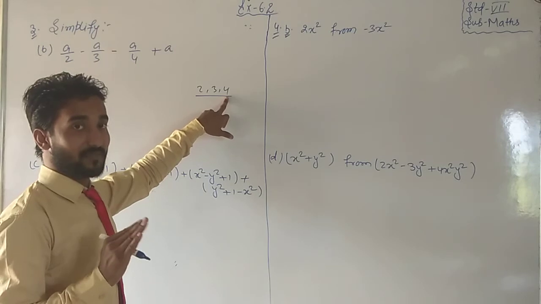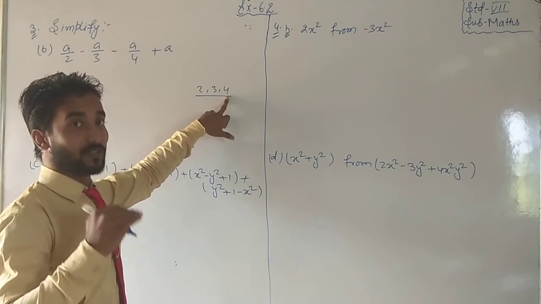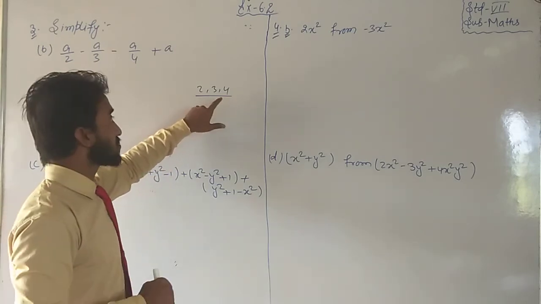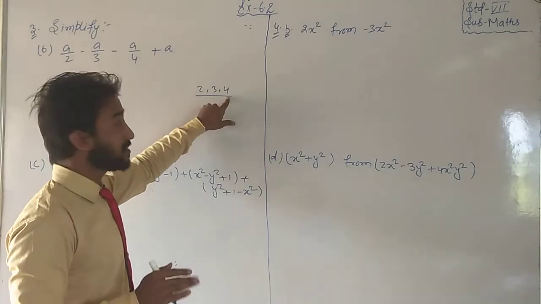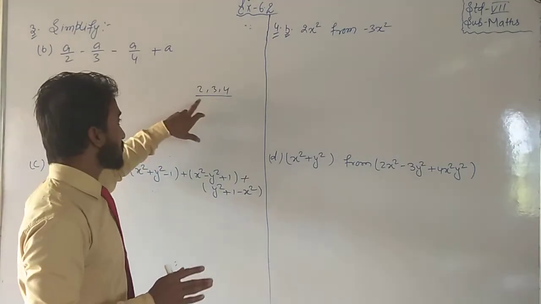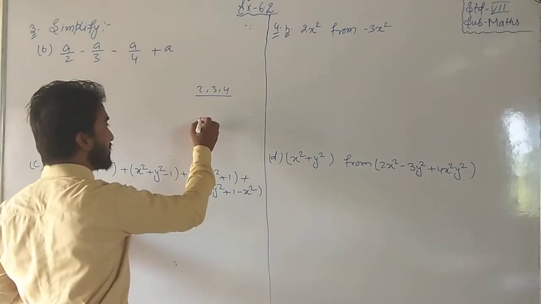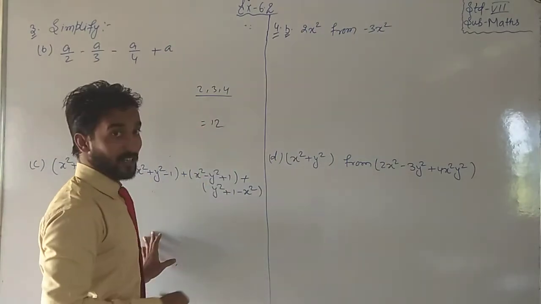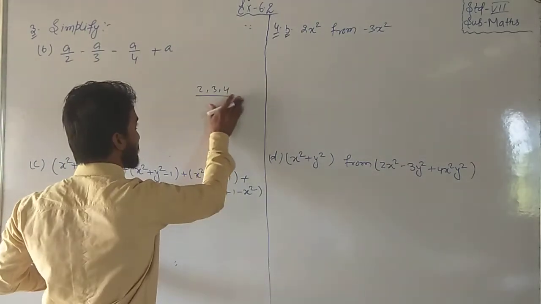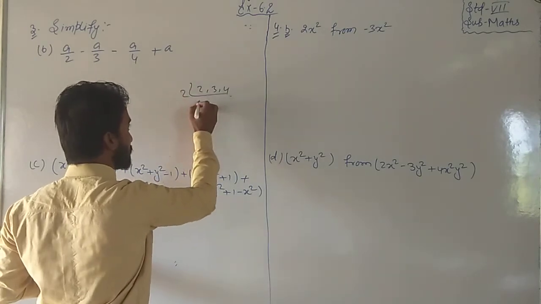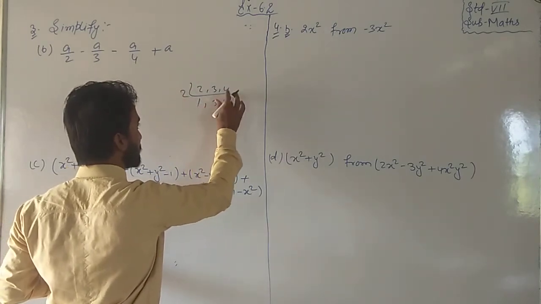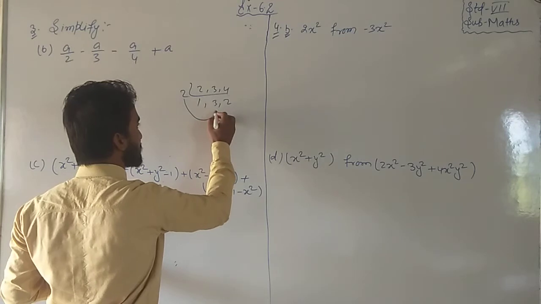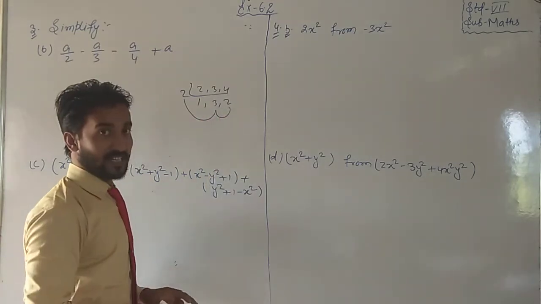It will be cancelled. After 4 comes 8, 4 times 3 is 12, 6 twos are 12. So 12: 4 threes are 12, 3 fours are 12, 2 sixes are 12. It means their LCM will be 12. We want to see how to find the LCM. 2 ones are 2, 2 twos are 4, 2 threes are 6, 6 twos are 12. We can see.